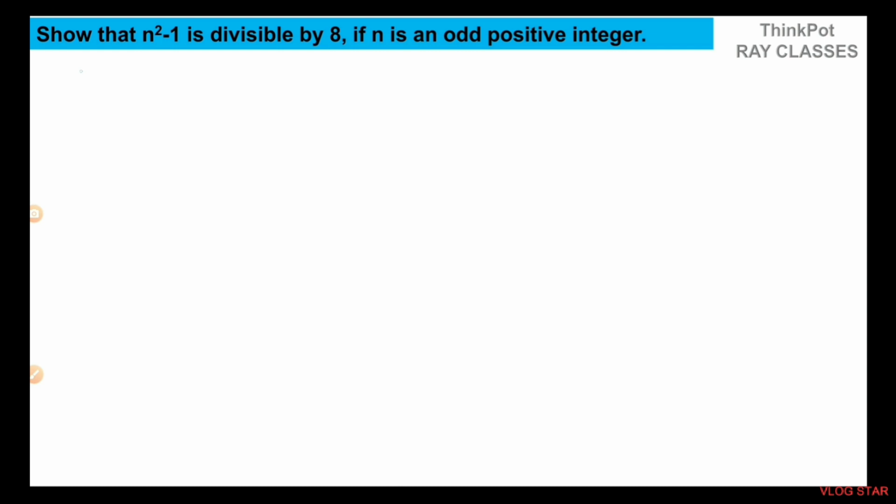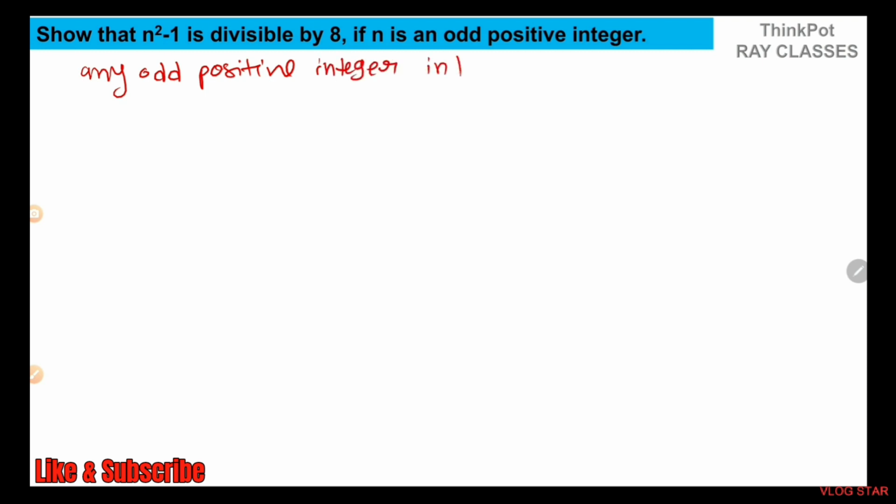So let's see this. We have to prove that n square minus 1 is divisible by 8 provided n is an odd positive integer. So we can say that any odd positive integer is in the form of 4q plus 1 or 4q plus 3 for some integer q.